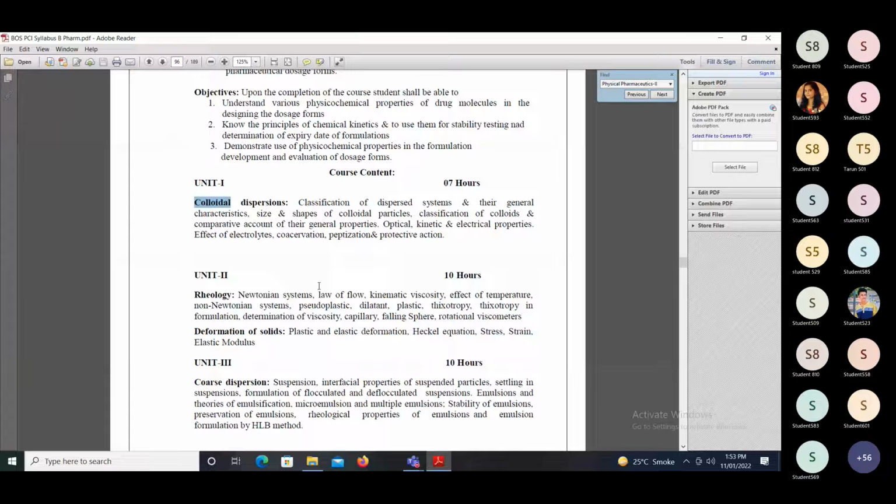The next method is called diffusion. How the colloidal molecules are going to be diffused from a region of high concentration to the low concentration site. And there are different equations, like the Noyes-Whitney equation for the diffusion, then Fick's first law, then modified Fick's first law for drug diffusion.